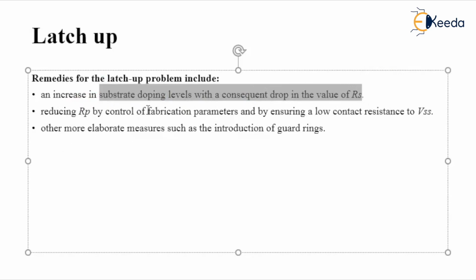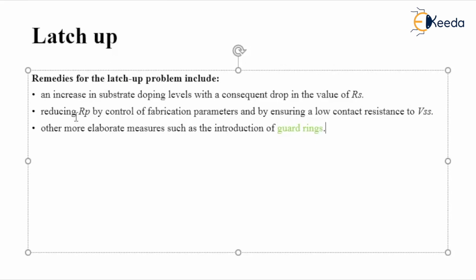Next, reduce the value of RP, by control of fabrication parameters or by ensuring low contact resistance to VSS, and other more elaborate measures such as introduction of guard rings. So introducing guard rings is the first remedy.